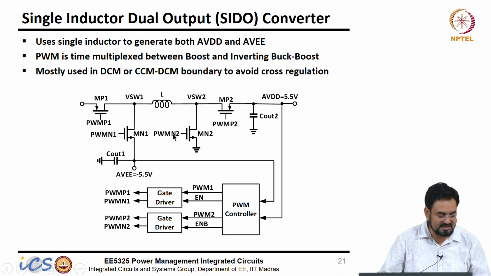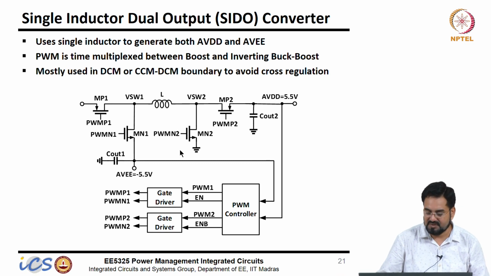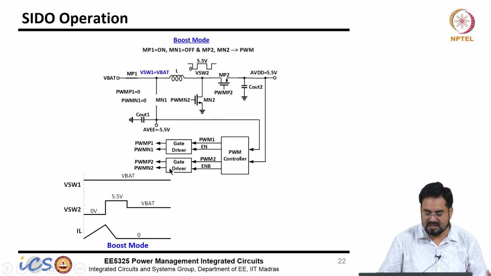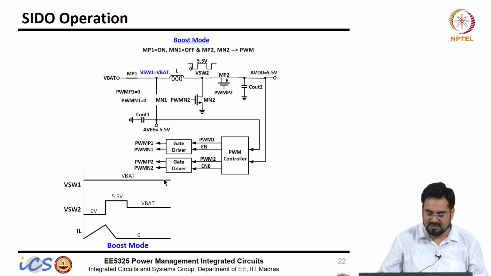It requires an H-bridge, and we will now have 2 feedback controls, one for controlling the duty cycle of your inductive buck boost, the other for the positive boost converter. This is how it works, and we already saw it in single inductor multiple output. You allot half the time to boost and the next half time to inductive buck boost. So it is more like multiplexing in time.